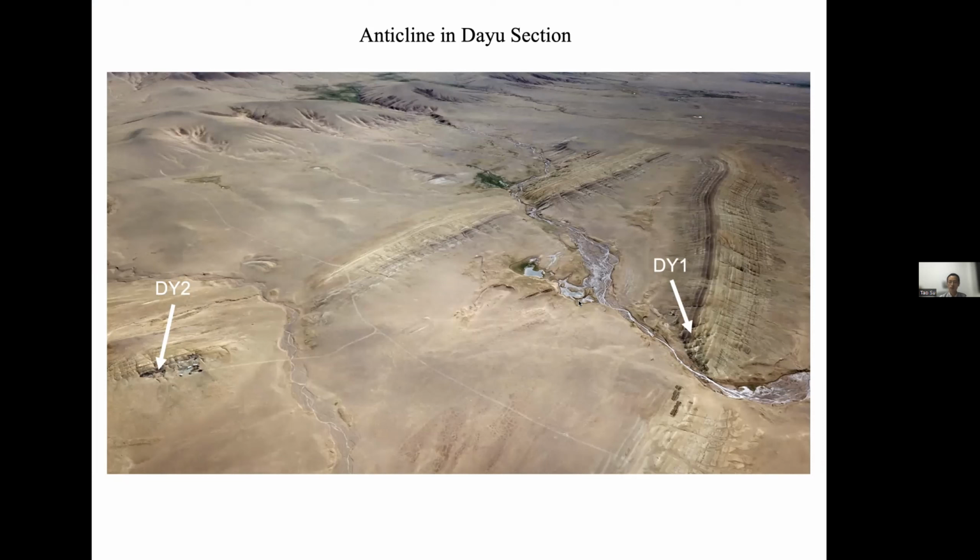And we found fossil sites in this section. You'll see there are two sites, DY1 and DY2. There are also some vehicles in the lower left. Near DY2, you can see our vehicles are very small, and then you can see the anticline is very huge.